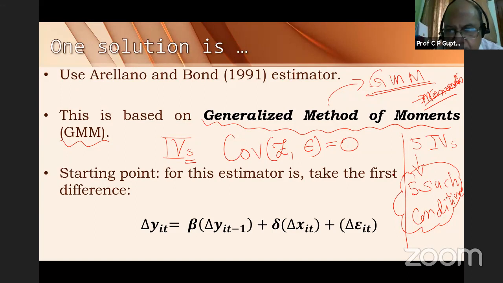Okay, this method gives you estimators assuming that whatever moments you are looking for in the population can be estimated from sample information. That's the basic understanding about GMM.